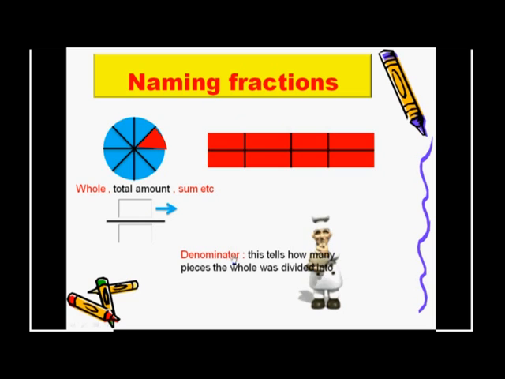A denominator tells how many pieces the whole was divided into. So let's look at this now. This whole is divided into how many pieces? 1, 2, 3, 4, 5, 6, 7, 8. So we're going to write the denominator right here. The denominator tells how many pieces the whole was divided into. So this whole was also divided into 8 pieces.